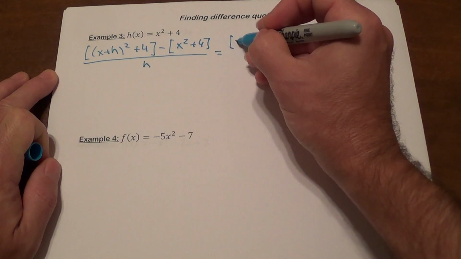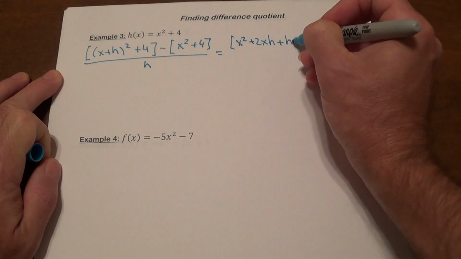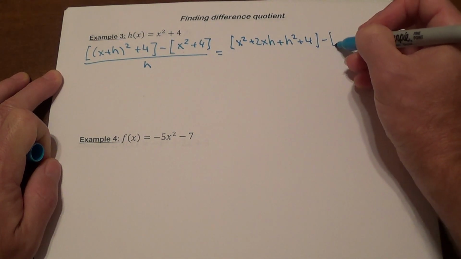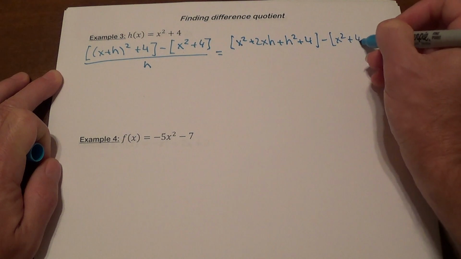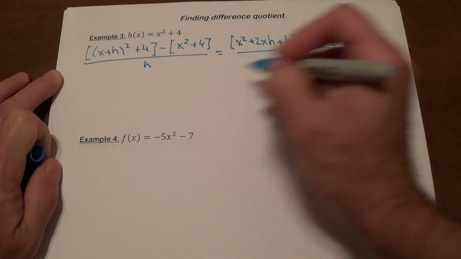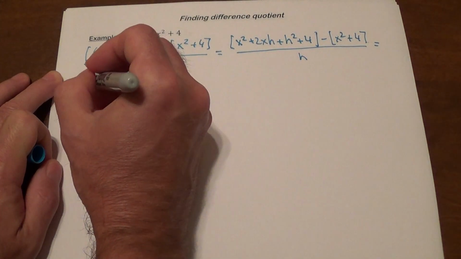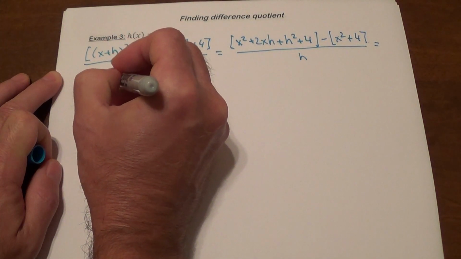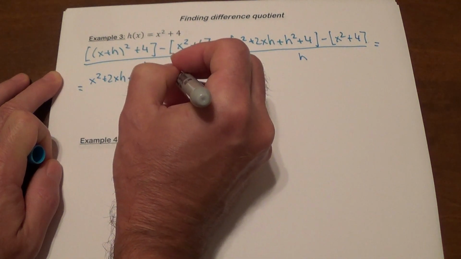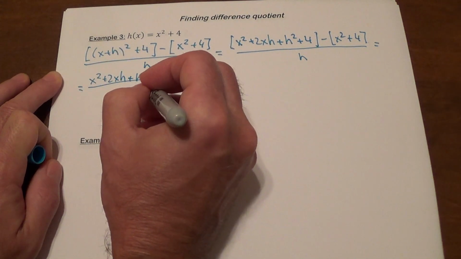So let's do it carefully. x squared plus 2xh plus h squared plus 4 minus x squared plus 4 divided by h. Moving on. So we're going to have x squared plus 2xh plus h squared plus 4 minus x squared minus 4 divided by h.